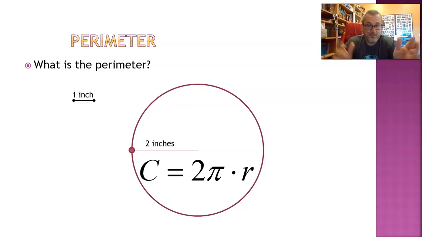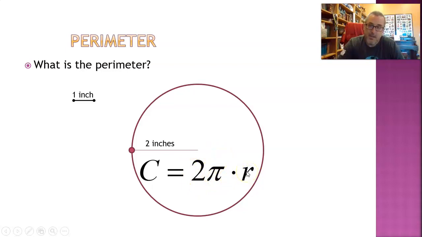Now, I want you to be comfortable just saying 6.28 radius lengths is the circumference of a circle. That's fine. But if we were actually measuring for some practical purpose the circumference of this circle, and we knew that the radius was 2 inches. Now remember, this says there's 2 pi, 6.28, copies of a radius. So 2 inches, 2 inches, 2 inches, 2 inches, 2 inches, 2 inches, and a little more. So if there's 6.28, 2 pi, copies of 2 inches, what would that be?